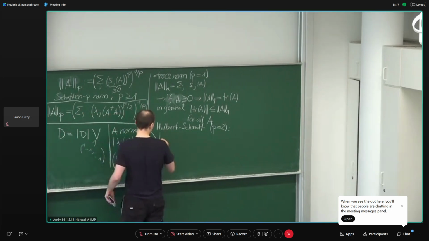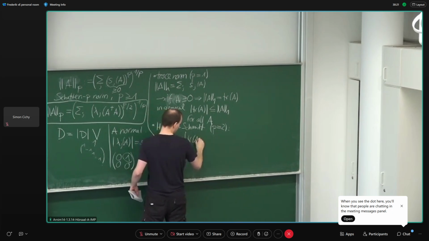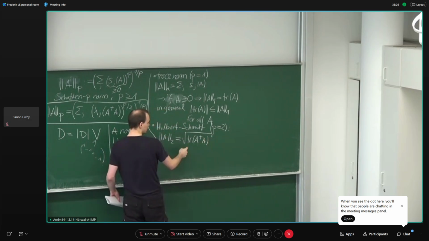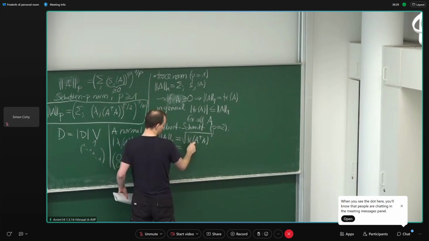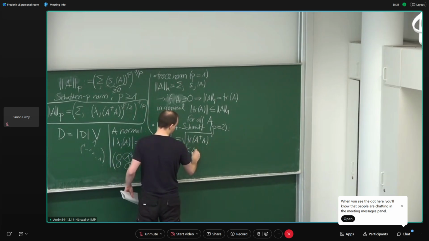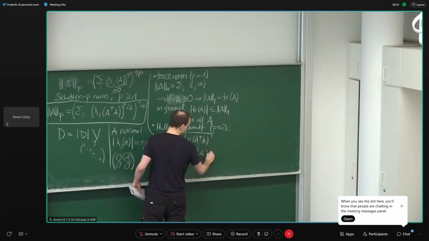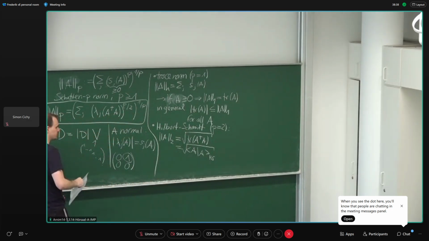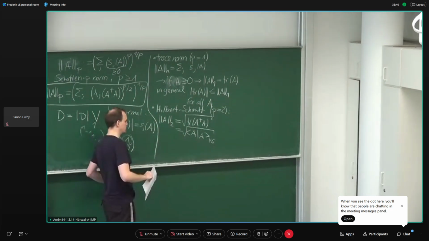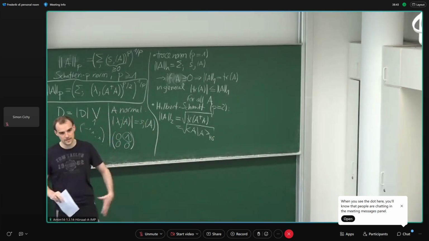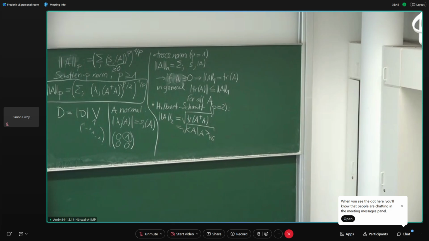The Hilbert-Schmidt norm is just the square root of the trace of A dagger A. And of course, this is usually defined as the Hilbert-Schmidt inner product of A with itself. So this norm comes from a Hilbert space, so you have very nice Euclidean properties, which is nice for numerics at times, optimization, whatever.